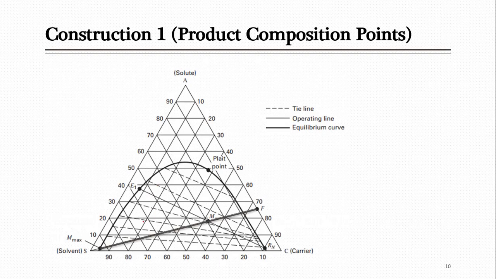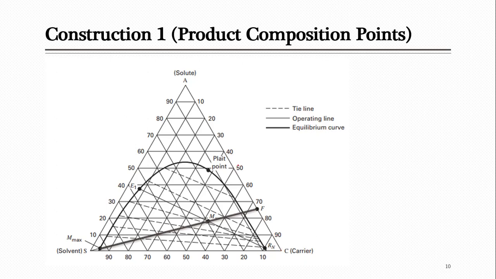So here you can see we have the feed. Now if you remember, feed consisted of 24% solute and 76% carrier. So you can see this is the carrier, and the carrier is 100% here.